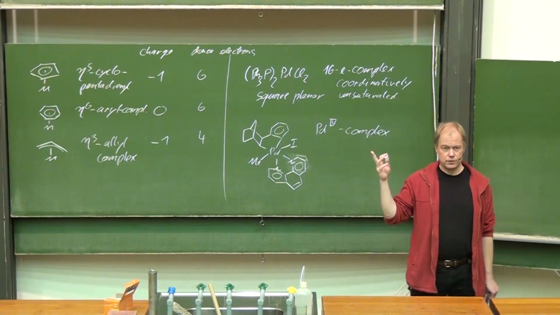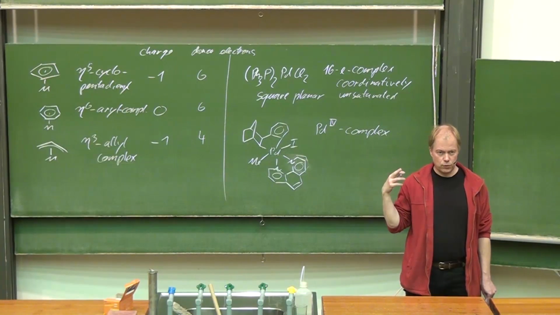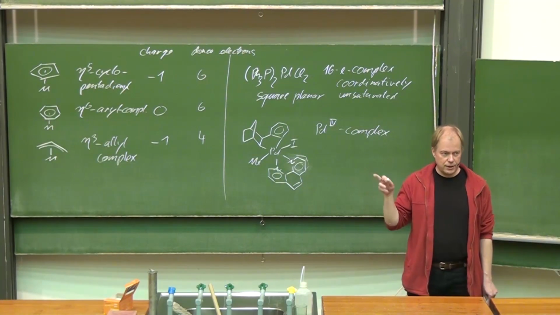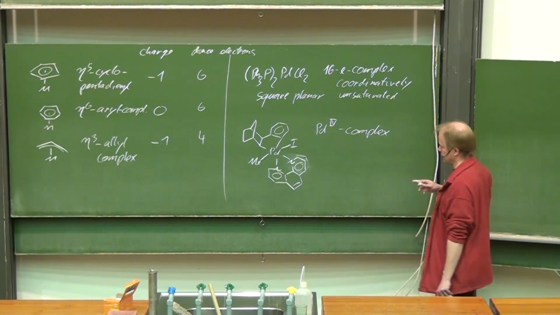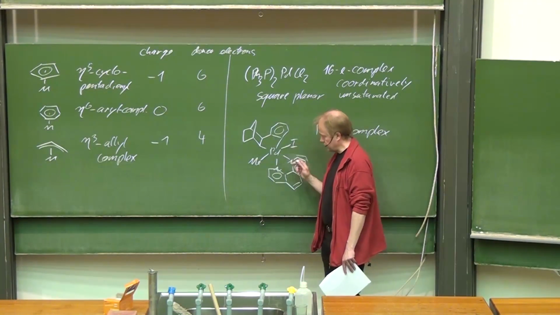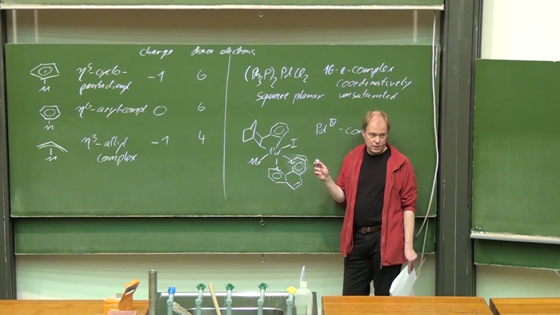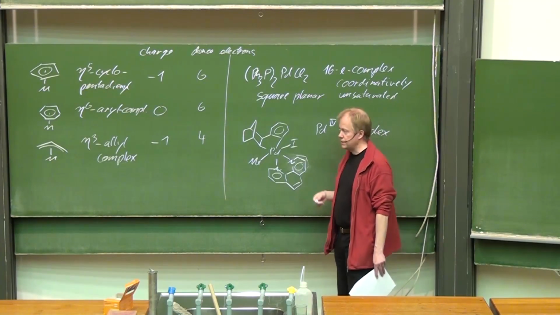Palladium 0 is in need of 8 electrons. Palladium 4 in need of 12 electrons. We now have 6 substituents, all with 2 donor electrons. That means 12. Well, fine. This is then coordinatively saturated. Okay? That's how you can count that quite easily.